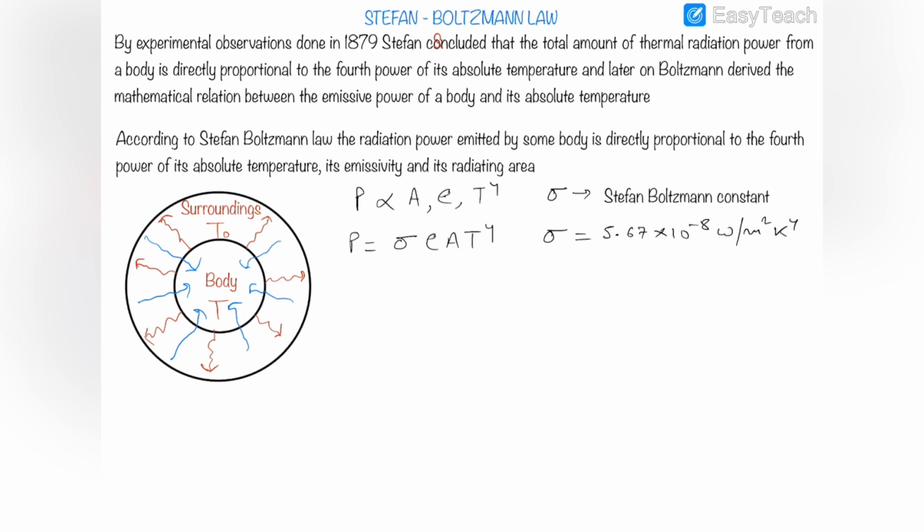So Stefan and Boltzmann developed a numerical analysis about the power radiated by a body at temperature T. According to them, the power radiated by a body is directly proportional to the area through which that body is radiating the power or energy, the emissivity of that body, and the fourth power of the absolute temperature.